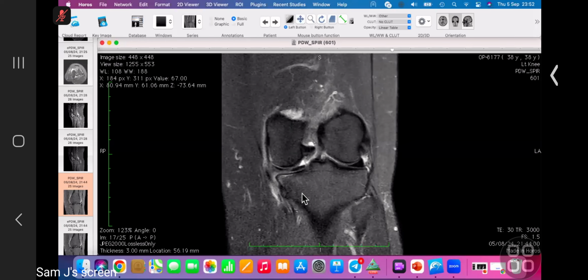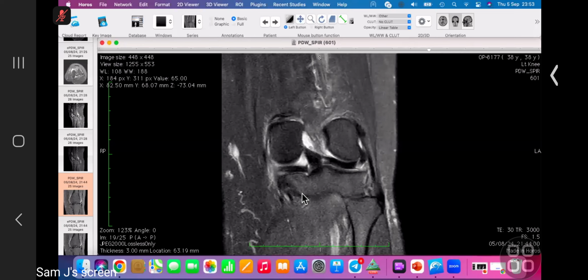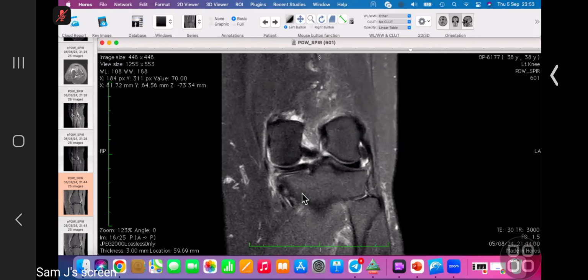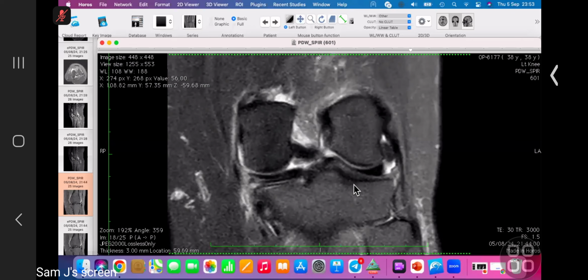There is a little bit of extrusion of the medial meniscus, and also underlying bone marrow edema within the medial tibial plateau, which could also be evidence of a meniscal injury at this area.